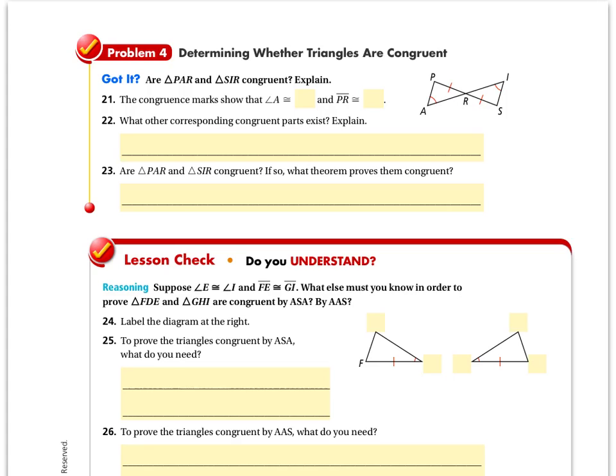We know first off that we have congruent marks here on angle A and here on angle I. So that tells us that angle A is congruent to angle I. And our second set of congruent marks tells us that segment PR is congruent to segment RS.